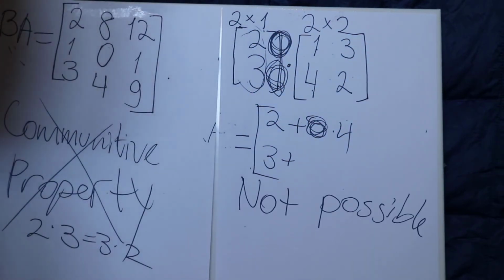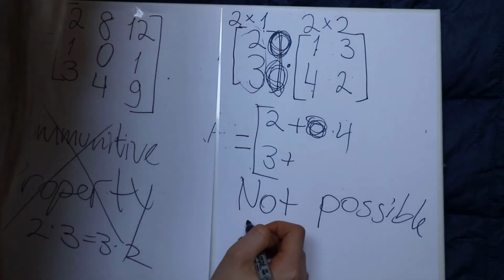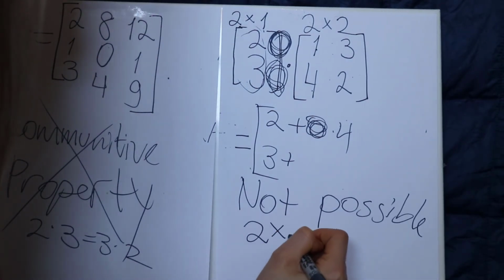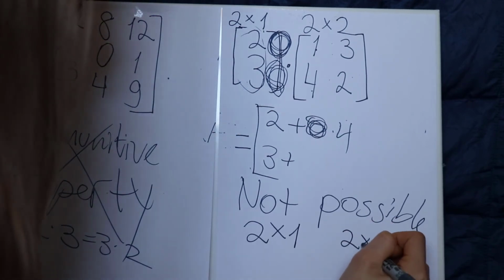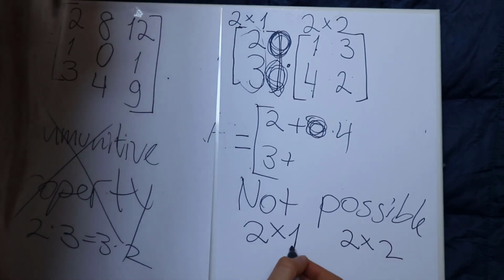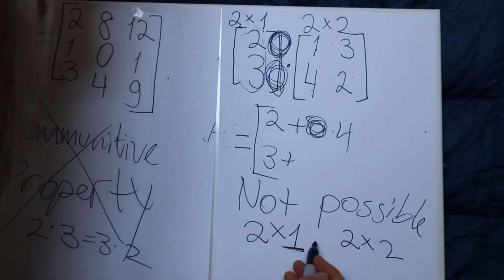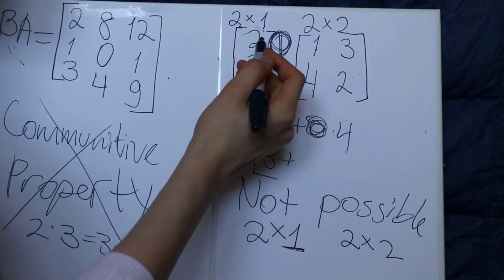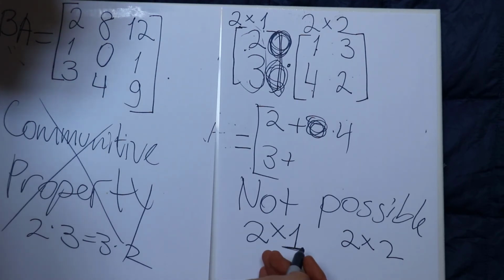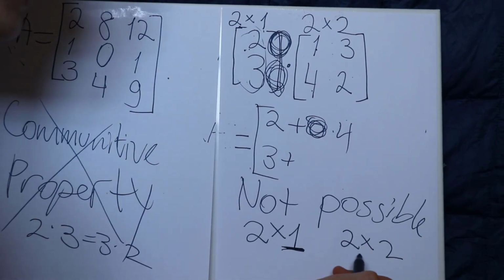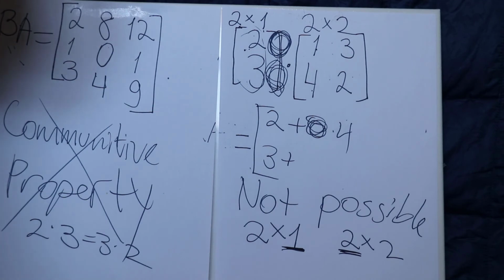So notice that we tried multiplying a 2 by 1 matrix times a 2 by 2 matrix. And this number is what made the difference. If we had 2 columns here, we would have been able to multiply it. But because this is a 1 and this is a 2, we can't multiply it.